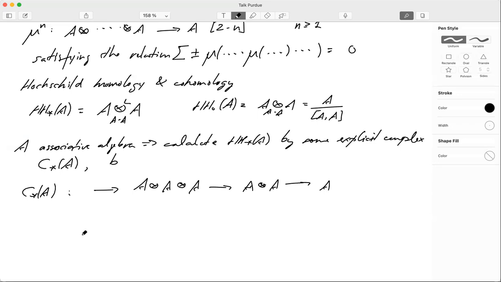And the differential, if applied to some simple tensor A0 through AP, collapses two by two of these simple tensors. Let me put tensor so it's clearer. So this is A0 tensor A1, A2, minus A0, A1, A2.